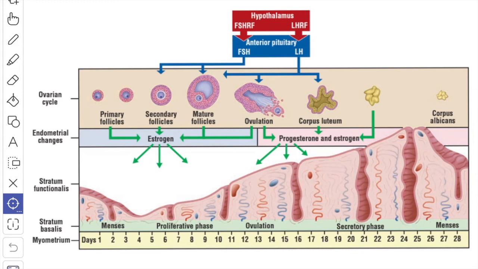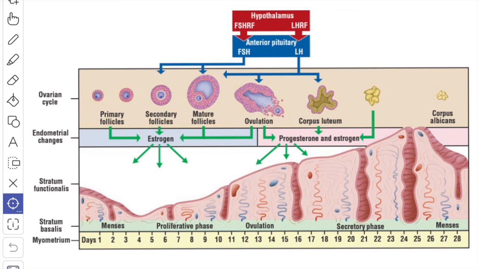The growth of the endometrium is associated with the increased tortuosity of the spiral arteries, which supply the compact and the spongy layers of the endometrium. The stratum basale takes no part in the cyclical change because it has a different blood supply.